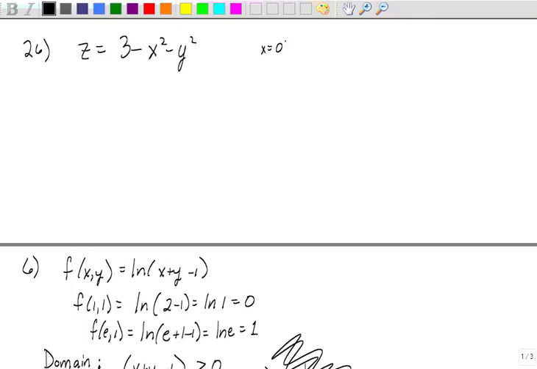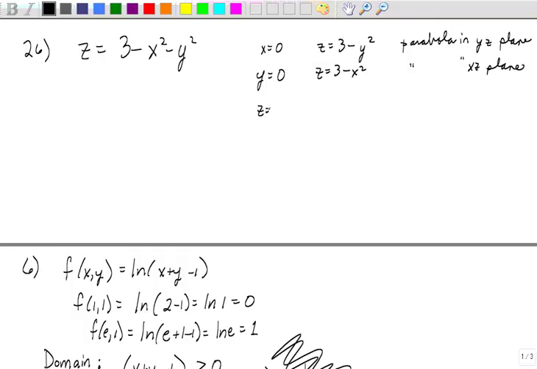So here, let's let x be 0. We have z equals 3 minus y squared. That's a parabola in the yz plane. Y equals 0, we get a parabola in the xz plane. And z equals 0, you get a circle in the xy plane.